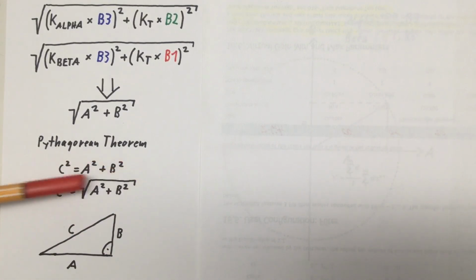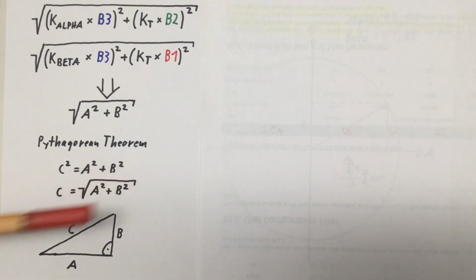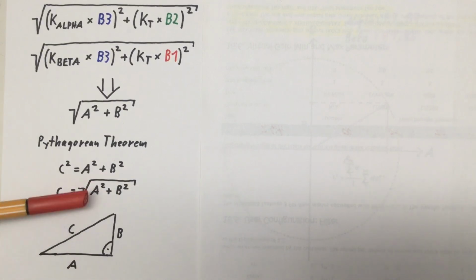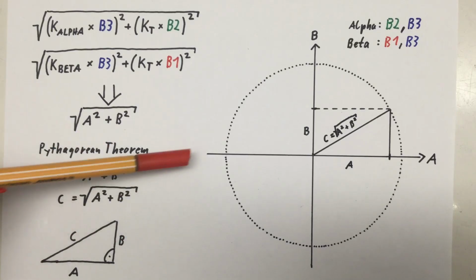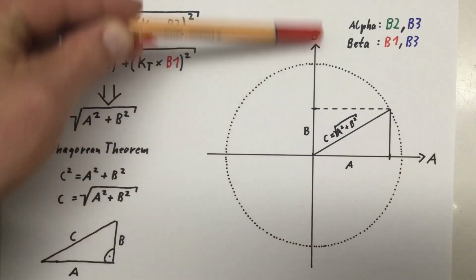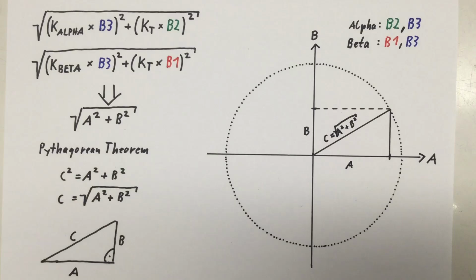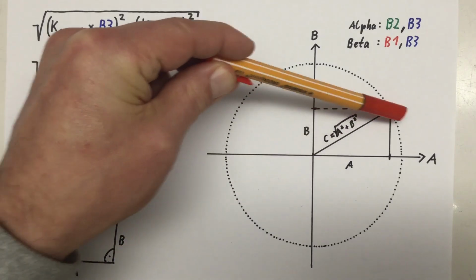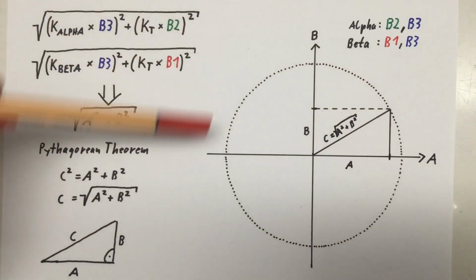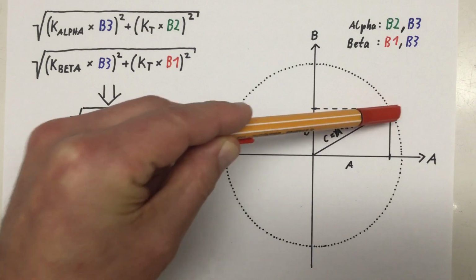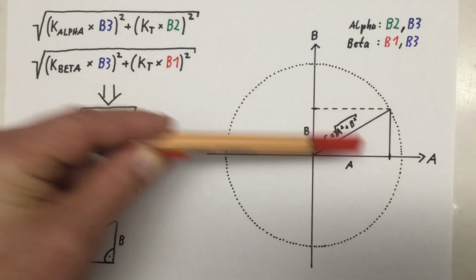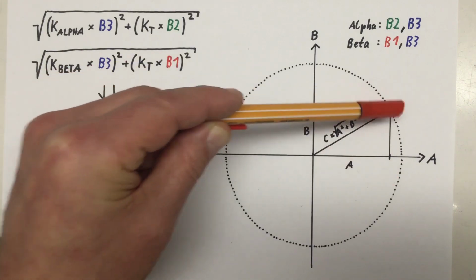If you take the root of that, you get c is equal to the square root of a squared plus b squared. If you draw the whole thing into a coordinate system with the axes a and b, c gives us the radius of a circle that goes through the point where b and a intersect.